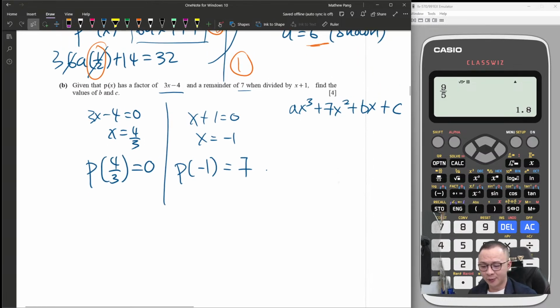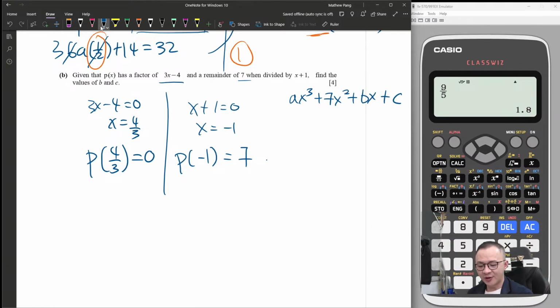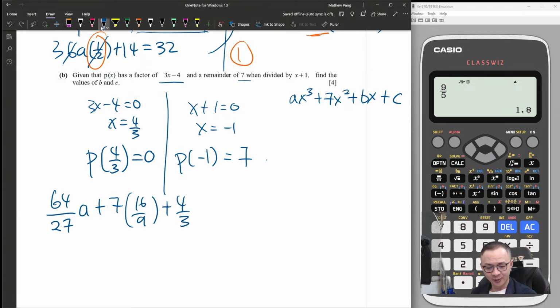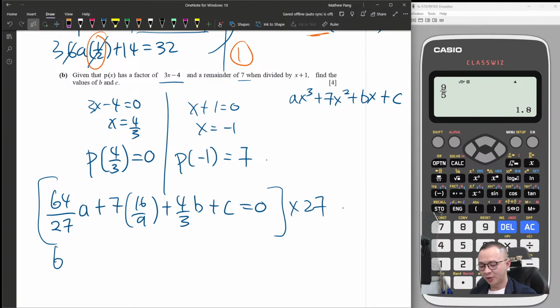Okay, so I sub 4/3 first. 4 cubed is 64, 3 cubed is 27, times a, plus 7 times 4/3 squared, I will get 16/9, plus 4/3 b, plus c equals 0. This equation looks so complicated, so I will just multiply the whole equation by 27 to make it look nicer.